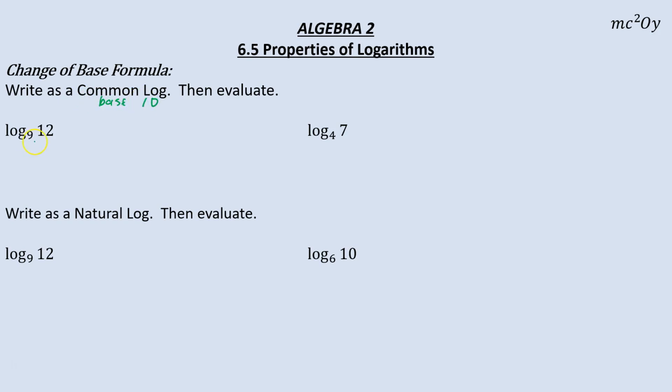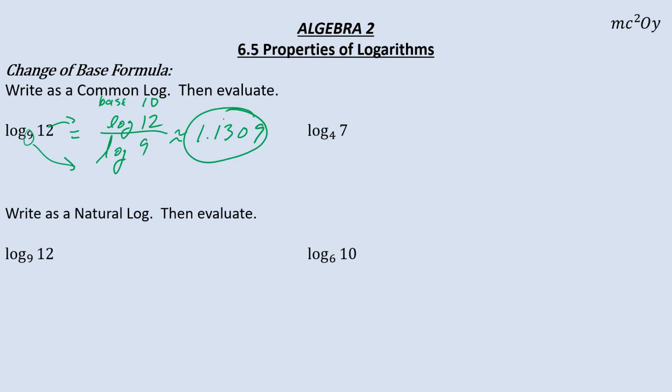So log base 9 of 12, written as a log base 10: the base goes to the basement, so we have log of 9, and 12 goes up, log of 12. We divide those, and it's 1.1309.